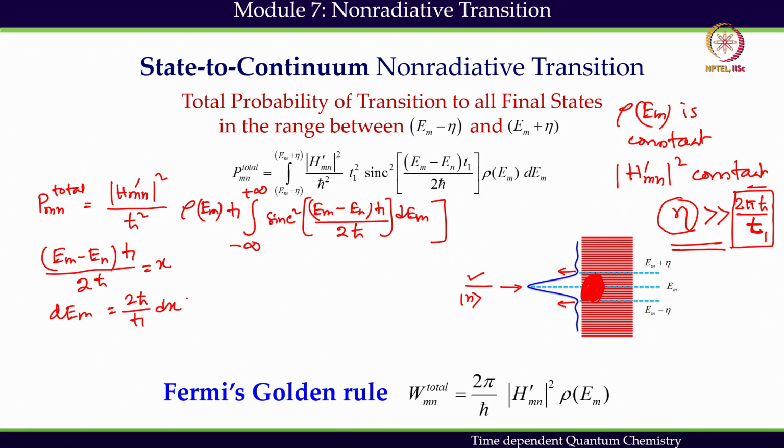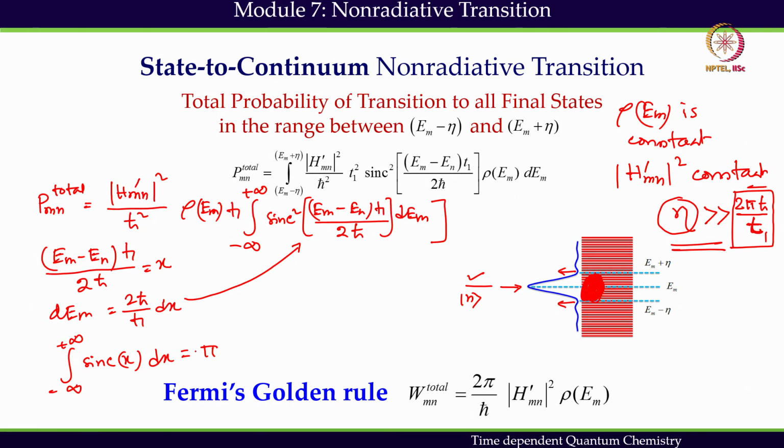I can plug that in here and I will be able to reduce it in the following way. I can use the standard integral for the cardinal sine function squared: minus infinity to plus infinity, sinc squared x dx is nothing but pi.